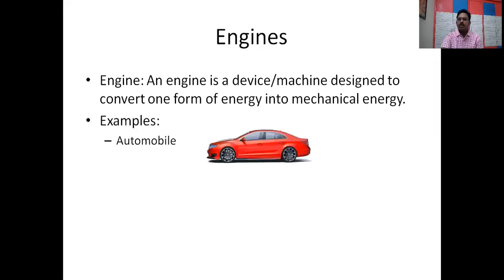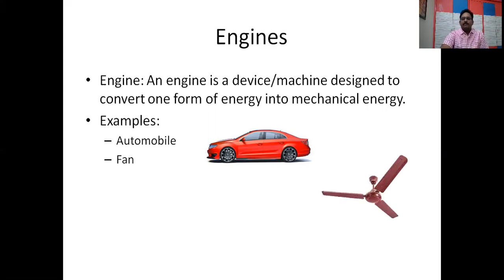Examples: we know an automobile is an engine. In this we have an engine, and we burn petrol or diesel inside the engine, heat energy is produced, and this heat energy is converted into mechanical energy, thereby it moves.